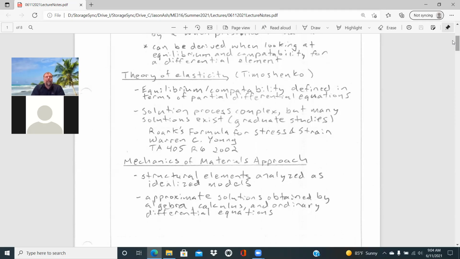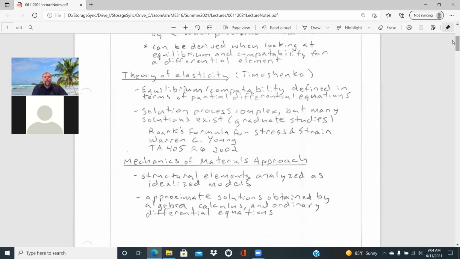A higher order level of evaluating that is really looking at the theory of elasticity that Timoshenko developed. With this, both equilibrium and compatibility can be defined in terms of partial differential equations.